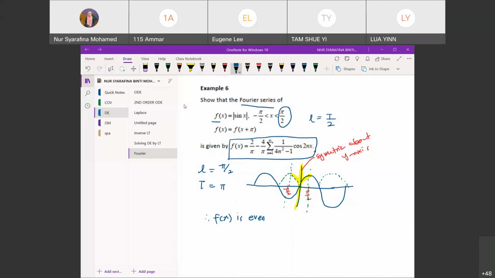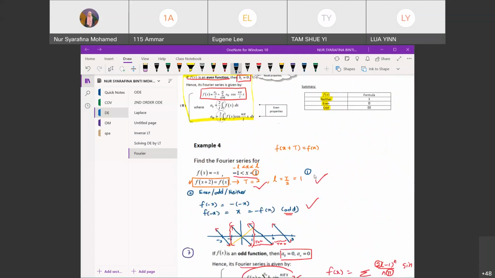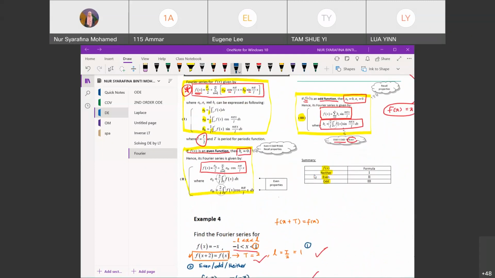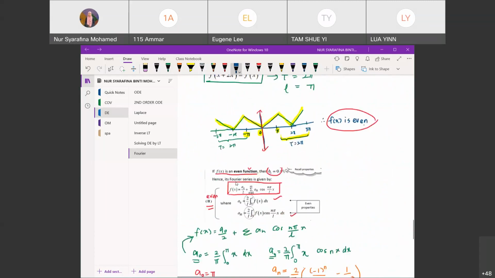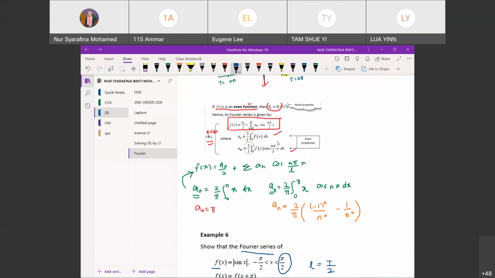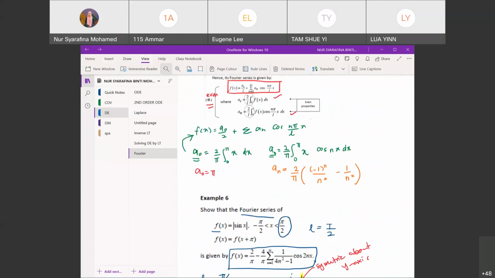If it is even, then you have to consider the second formula, which means that what you need to find is only a naught and a n, right? This is the second formula here. This one. Okay, is that clear? Any question?